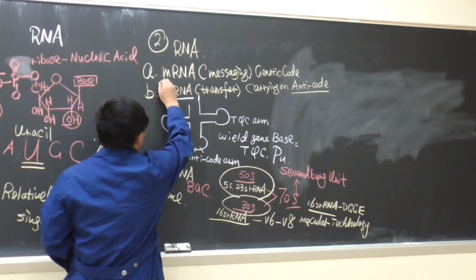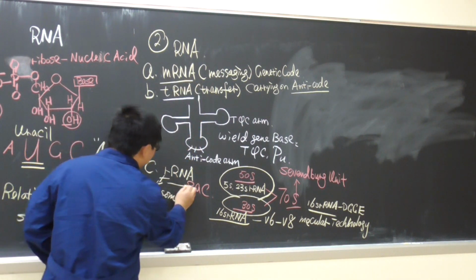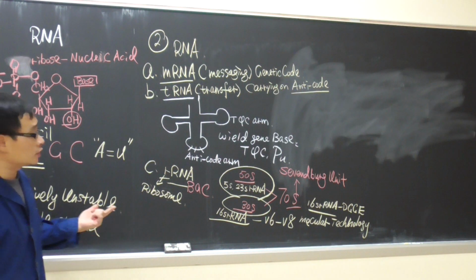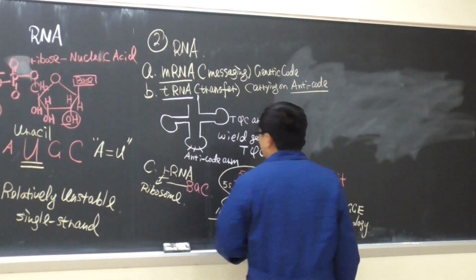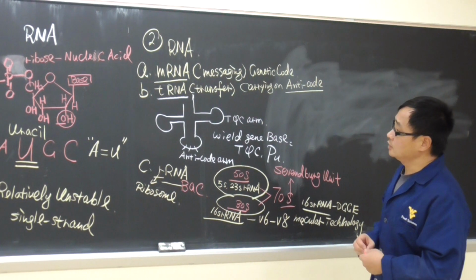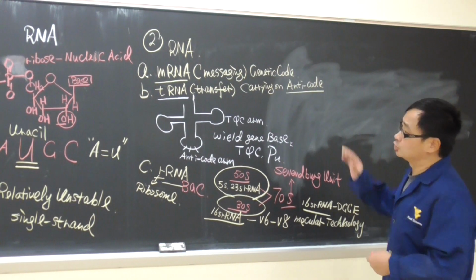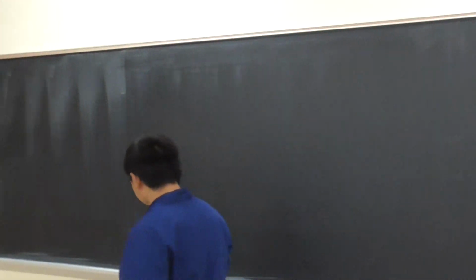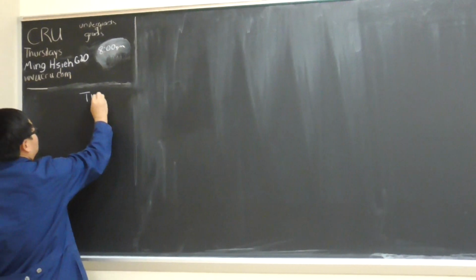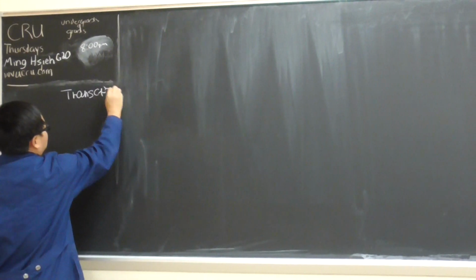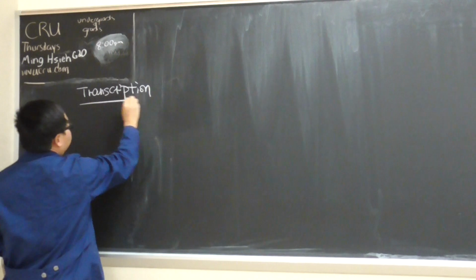Okay, so we finished talking about the three major types of RNA. Then we're gonna move on to what we call transcription. Okay, so I'm gonna move everything to the side of the corner. Then we'll talk about the detail. So we want to mention about the transcription. The detail.